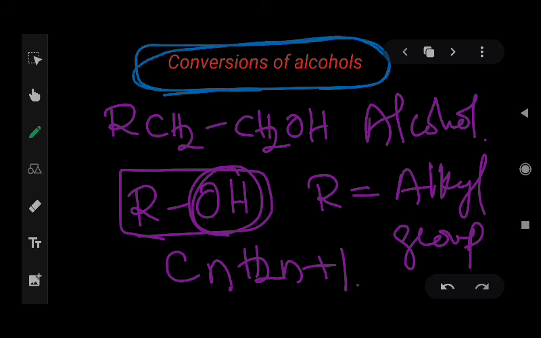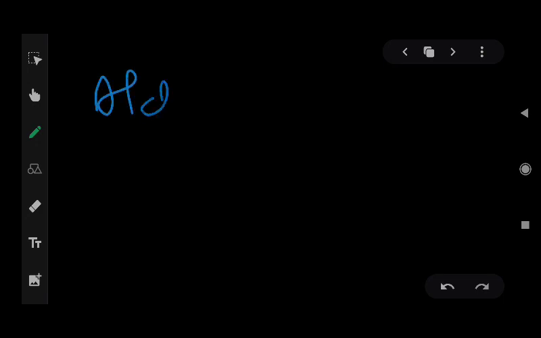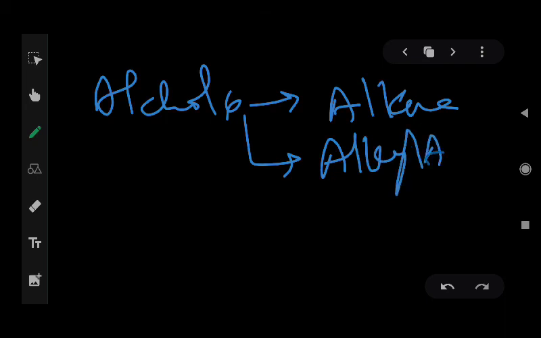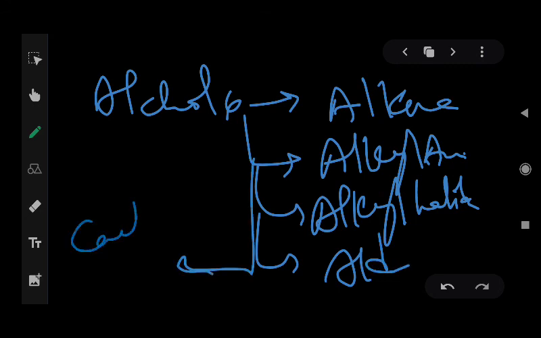Alcohols we can convert into alkenes, alkyl amines, alkyl halides, aldehydes, and carboxylic acids by using different reagents. This is called the conversion process.